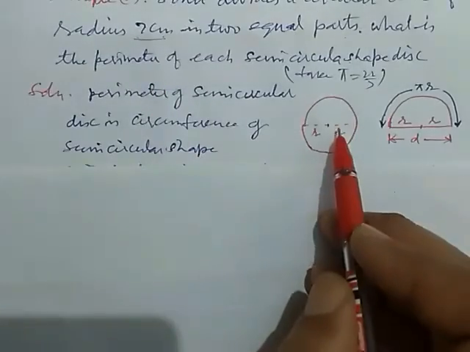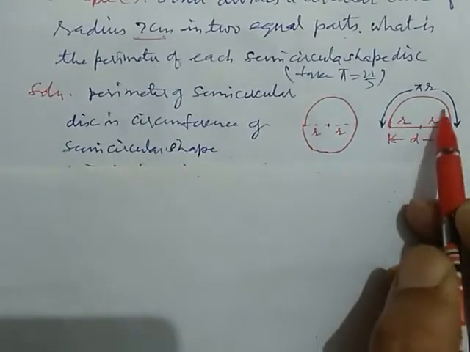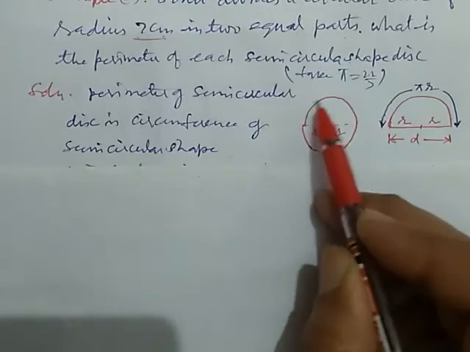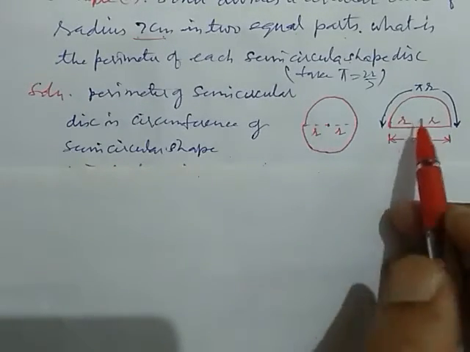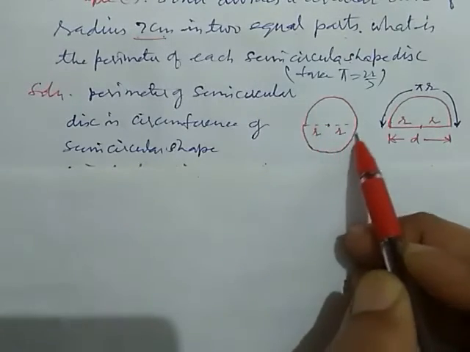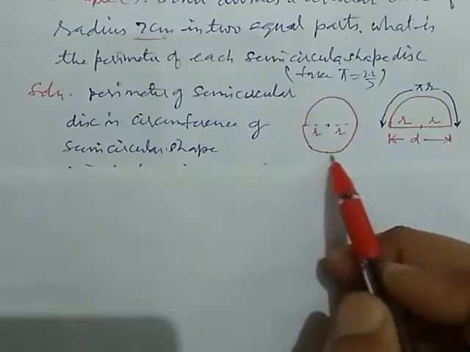This is the circular disc, and Sonu divides it into two parts. So we take a single part here. Look here. When we calculate the circumference of the circular disc, we take only the outer part.